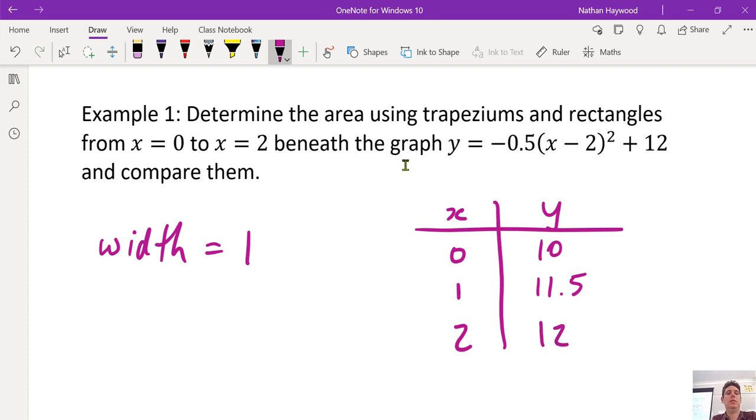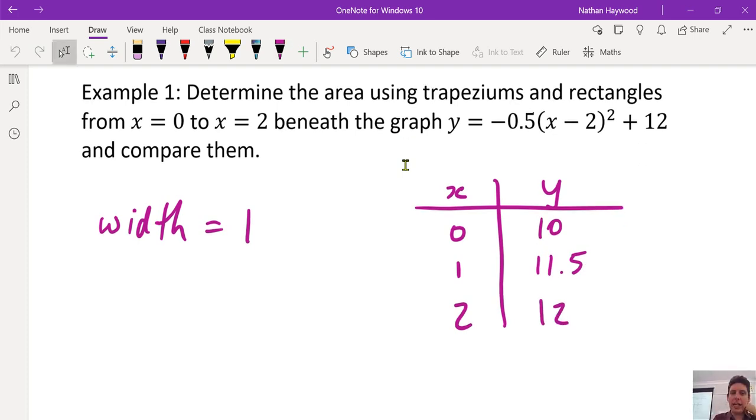Okay, so if we did the integration from 0 to 12 for y, let's do the rectangles first. So what would be the rectangles? Base times height. What's the base?